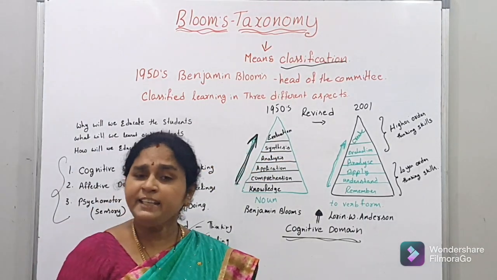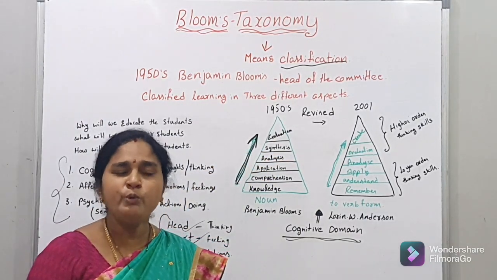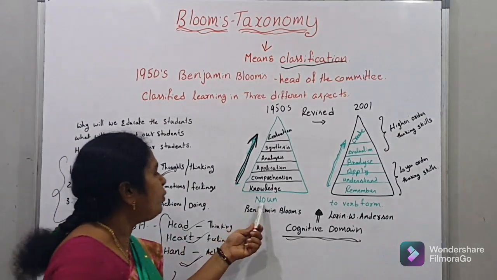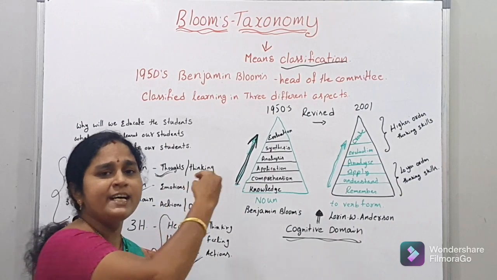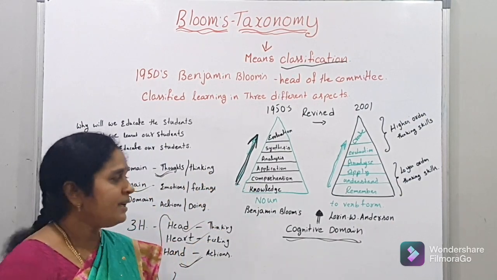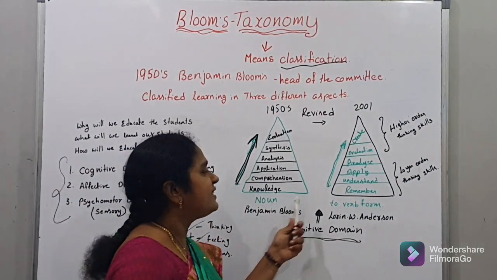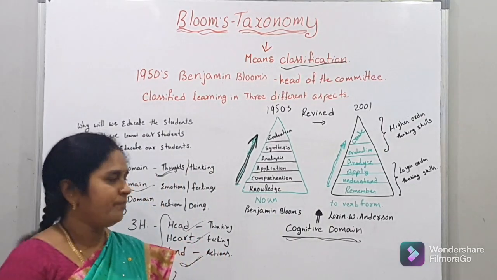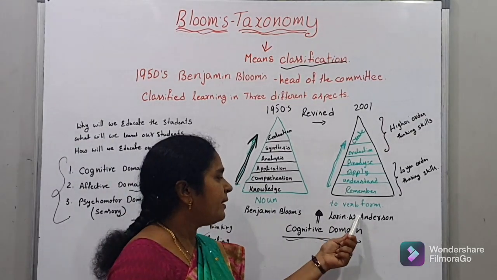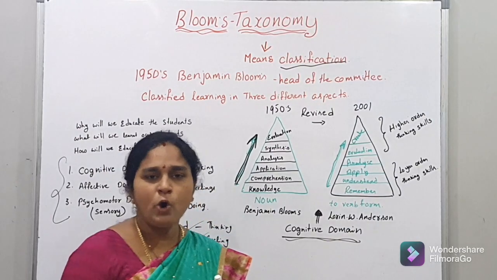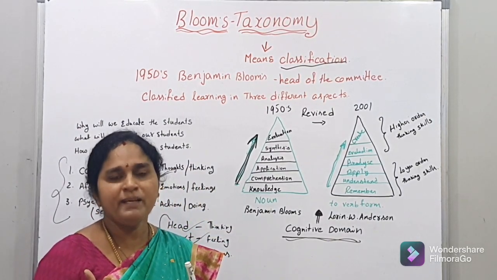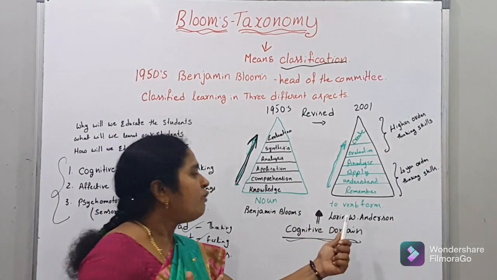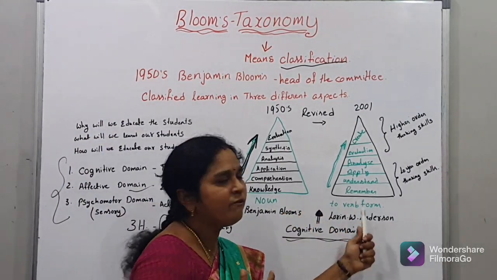In the 1950s, Benjamin Bloom gave the levels in noun form, and after that it was revised to verb form by Lorin W. Anderson. Anderson revised Bloom's taxonomy from noun to verb forms.